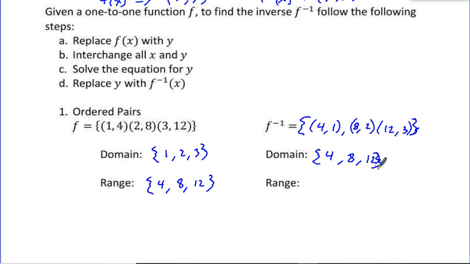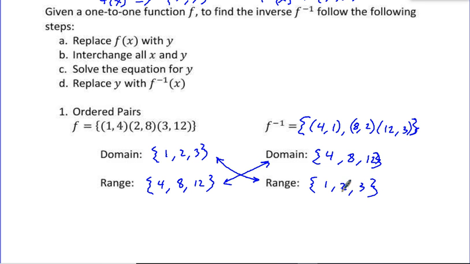You'll notice the domain was the range of the original function. That's now the domain of the inverse. And so the range of the inverse is actually going to be the same as the domain of the original. The y values over here are 1, 2, and 3.